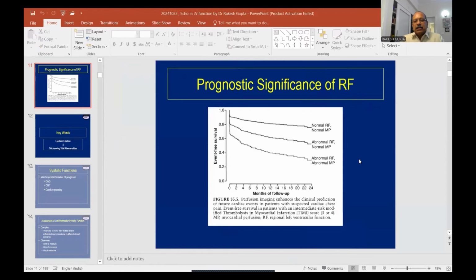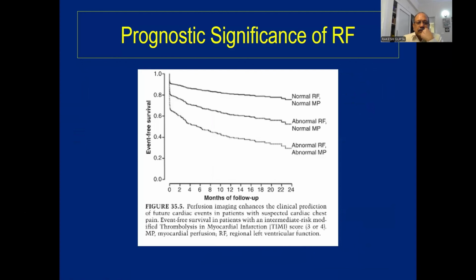Can you see the slides now? Yes, sir. So this is event-free survival based on the scores. As the scores move up and up, the longevity or event-free survival goes down dramatically. So that's one way to give my ultimate outcome.